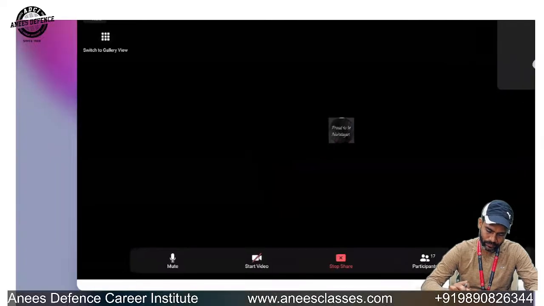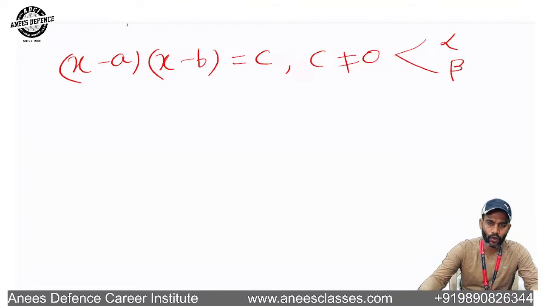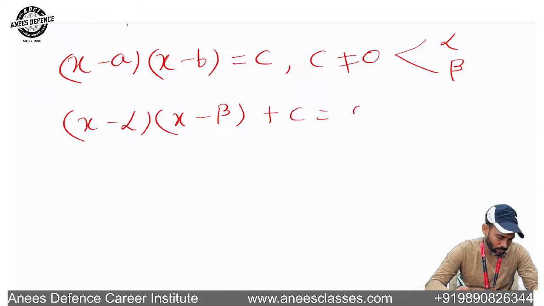And the roots are alpha and beta. So you need to tell me what are the roots of the equation x minus alpha times x minus beta plus c is equal to 0.